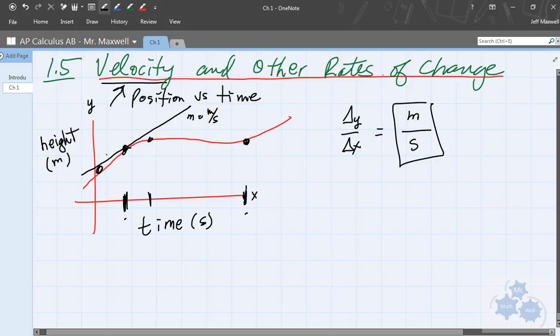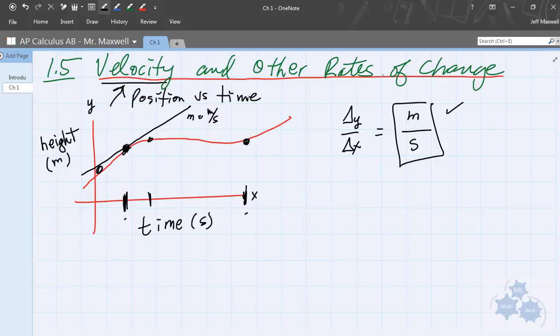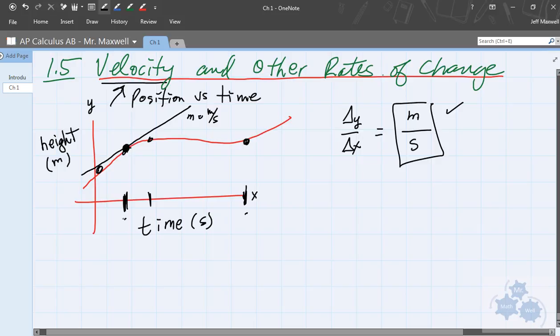What is the slope of this line going to represent? It's going to be velocity, right? What else can you say about what that slope represents if it's a tangent line? Is it going to be the average velocity between two times? Or is it going to be a velocity at an instant?